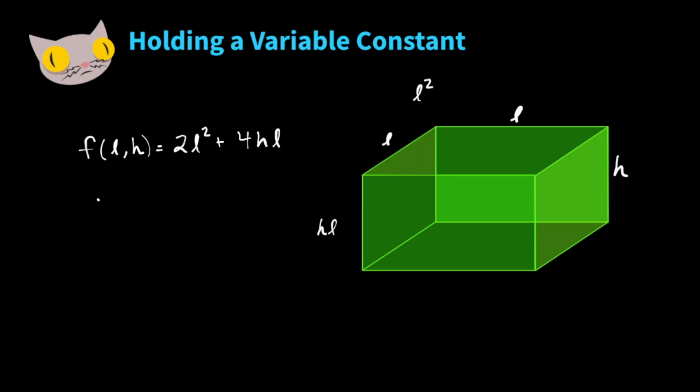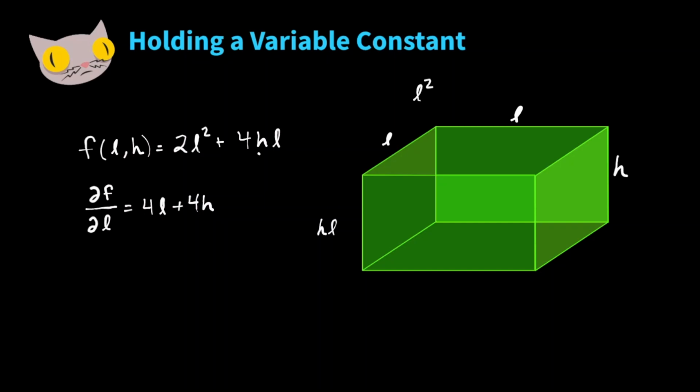Let's find the partial derivative with respect to L. So we have del F over del L. That's going to give us, by the power rule, 4L plus 4H.